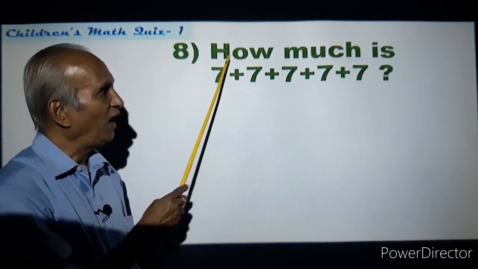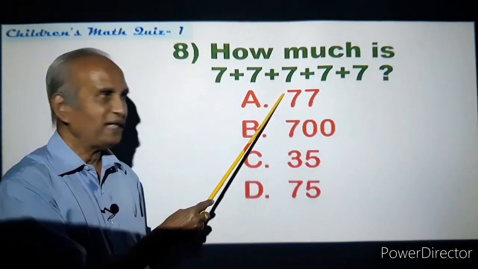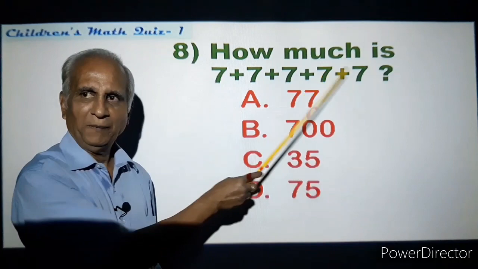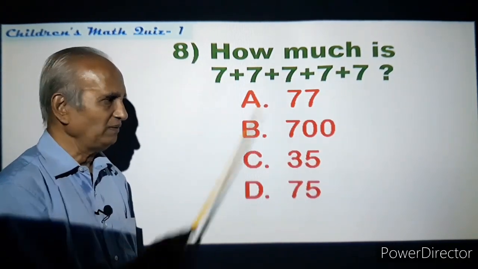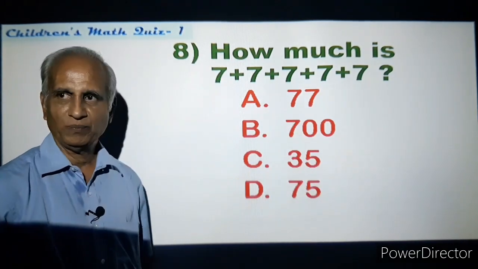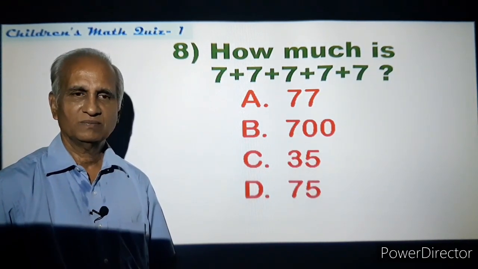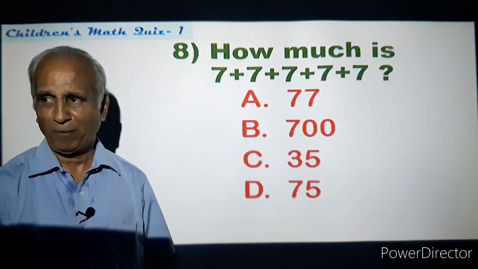8th question. How much is 7 plus 7 plus 7 plus 7 plus 7? 77, 700, 35, 75. Should you go on adding up all?